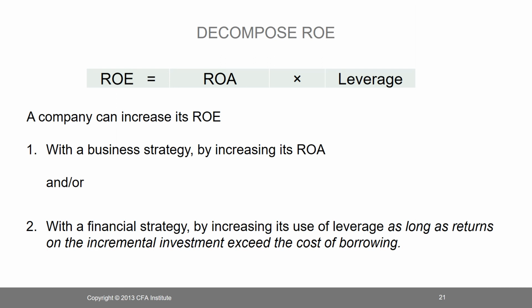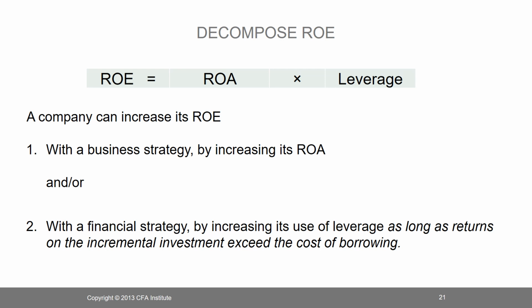Now, knowing the new form we created for the ROE formula, we can conclude that a company can improve its return on equity by improving its return on assets or by making more effective use of leverage.